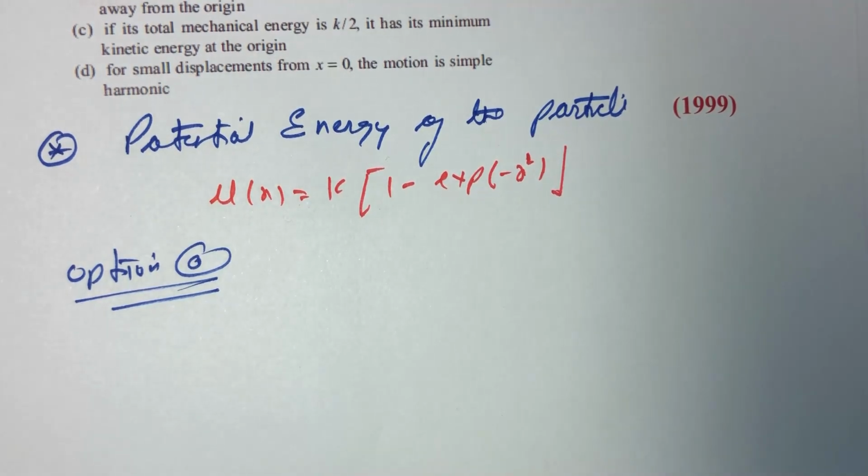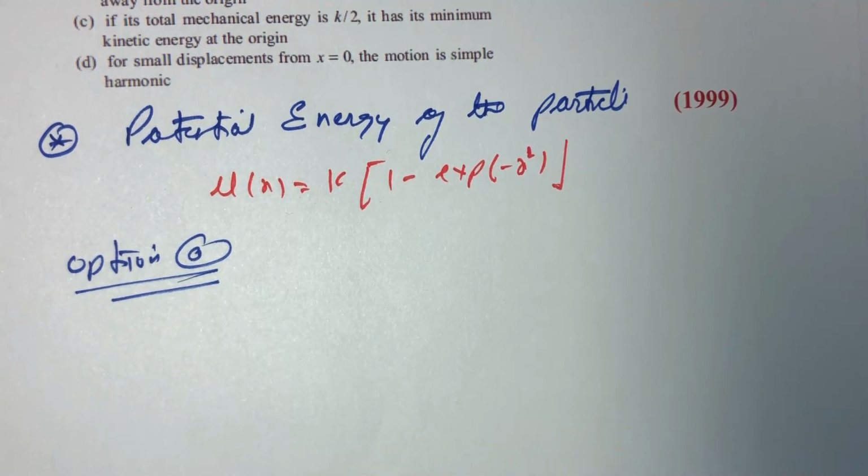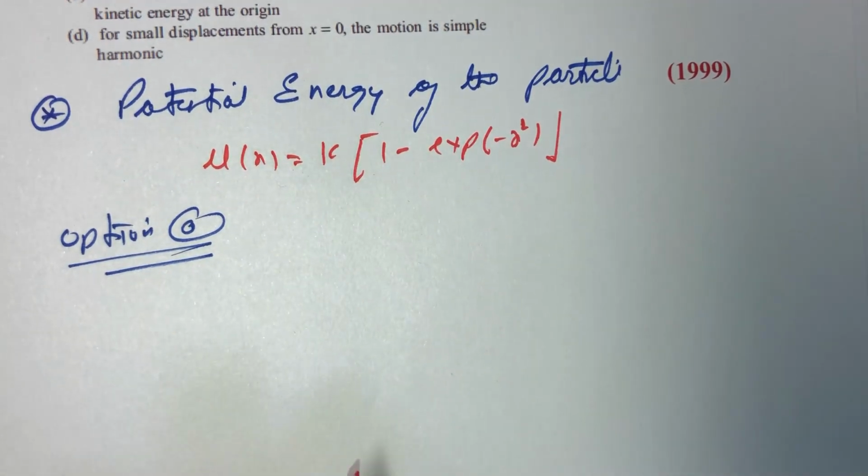So we are going to find the equilibrium positions. At the equilibrium points the force will be equal to 0, and since we are given the potential energy, the derivative of potential energy with respect to x will give us the force. The further solution will help us derive the conclusion.